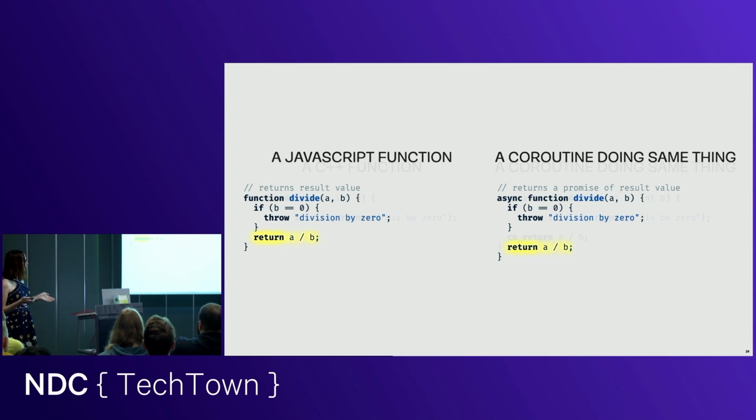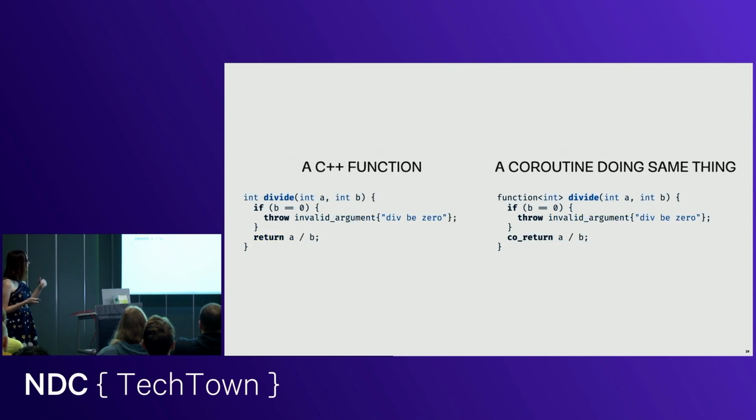In C++, we have the weird co_ keywords, and they mark the coroutine. So when you use a co_ keyword, the function will become a coroutine, and also the return type of the function will define the behavior of the coroutine. In this case, it's the same function.